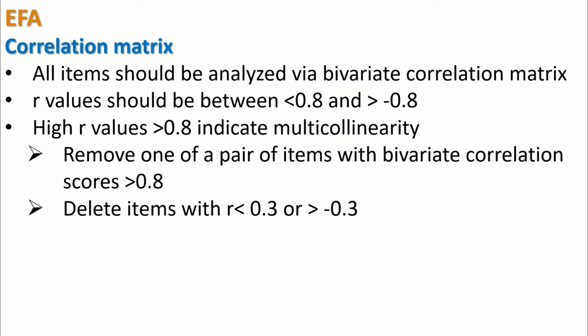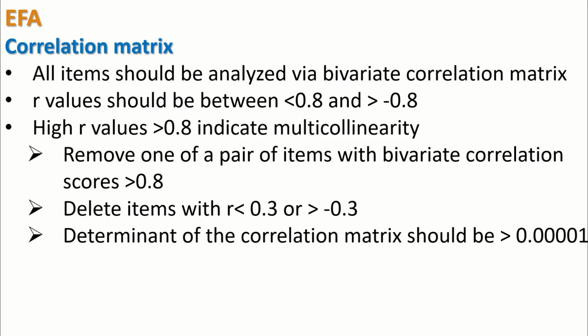When the R value is less than 0.3 or greater than minus 0.3, then omit that item from the analysis. There is also another value determinant, which is called the determinant of the correlation matrix.